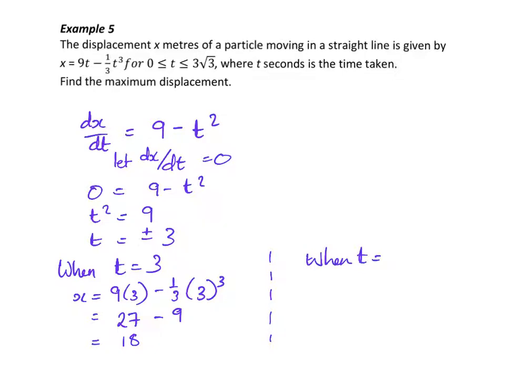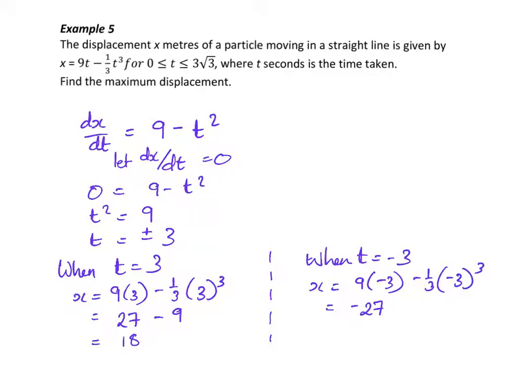remember displacement is just the amount of distance, so we're not particularly worried about the negative or positive. So when t is equal to negative 3, what does x equal there? It's 9 times minus 3 minus 1/3 times negative 3 to the power of 3, negative 27.